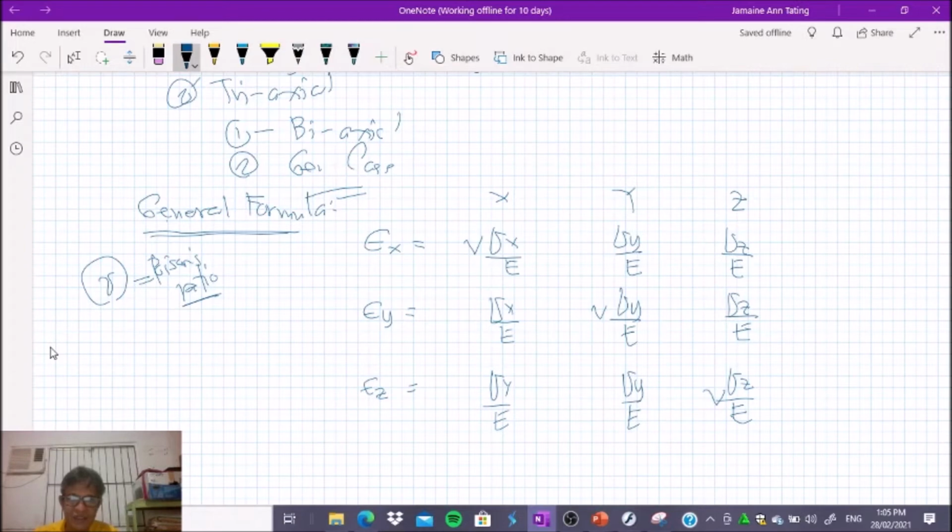Pag x yan, xx, dito po positive, dito magiging negative na dalawa. Then dito, since y, ito na magiging positive. Then ito negative dito, then negative din dito.